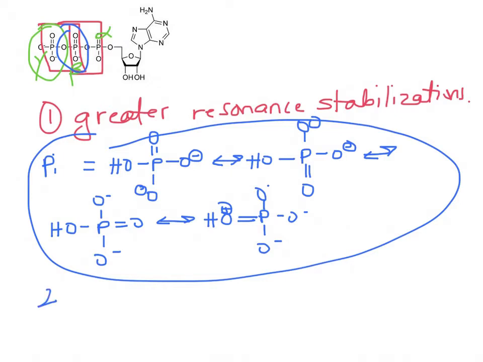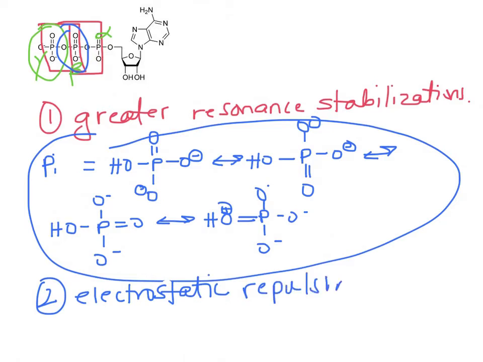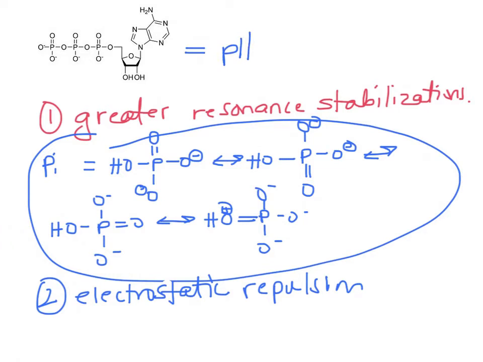In addition, ATP is readily hydrolyzable because of electrostatic repulsion. If we look at the structure of ATP at pH 7, there are 4 negative charges. This results in repulsion.